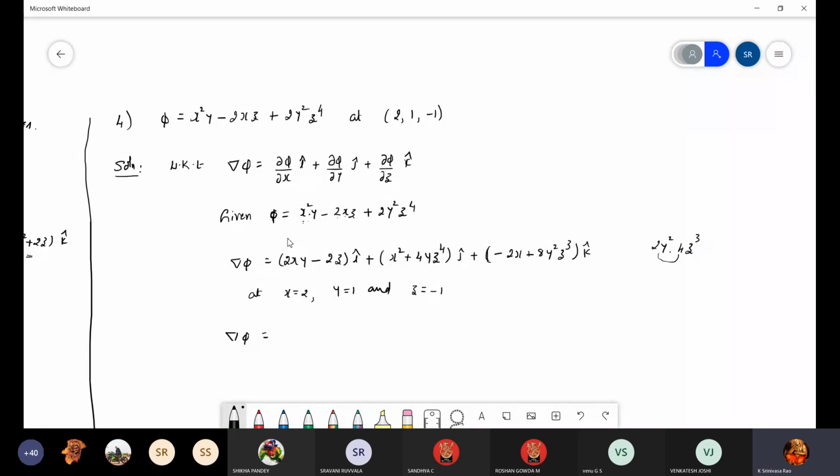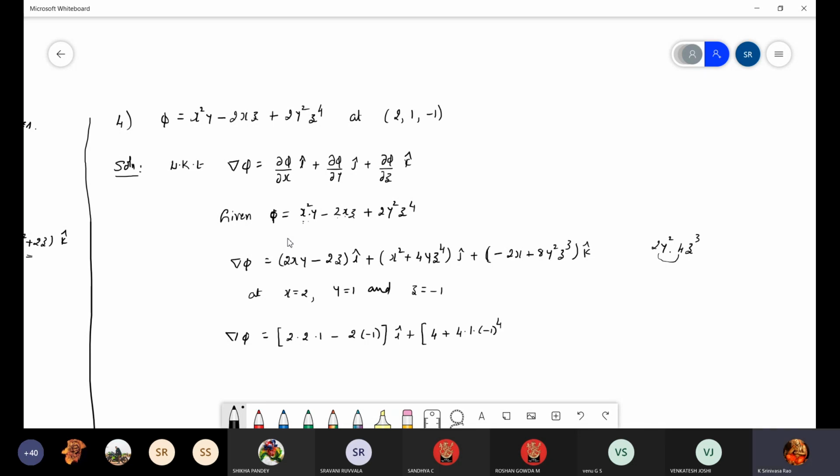Grad phi equals 2 times x is 2, y is 1, minus 2 times z is -1. If a negative comes, I will use the bracket, otherwise I will write the number directly. Okay, into i cap, plus x square is 4 plus 4 times y is 1 into z is -1 power 4.